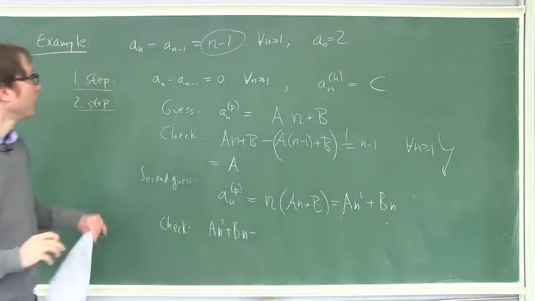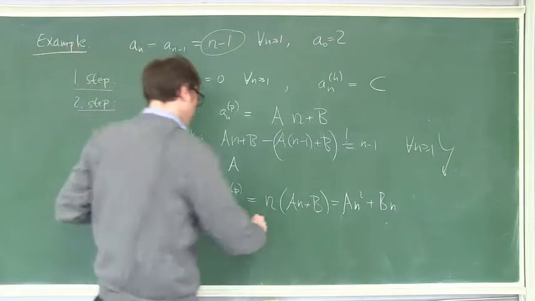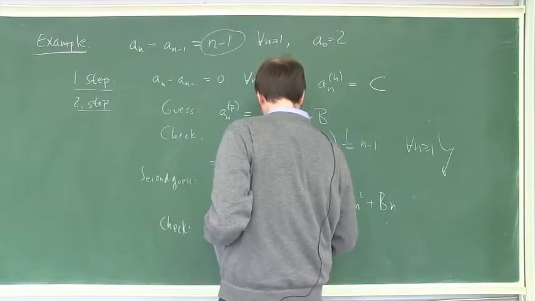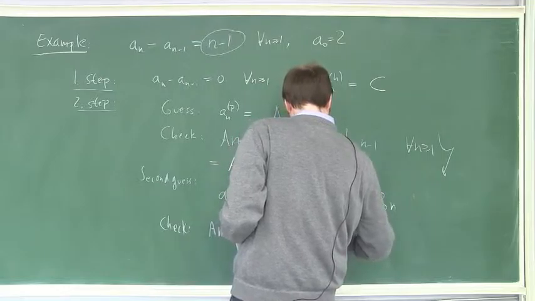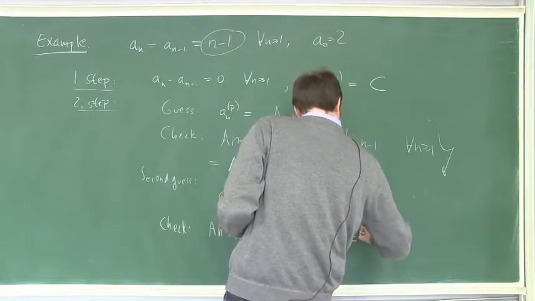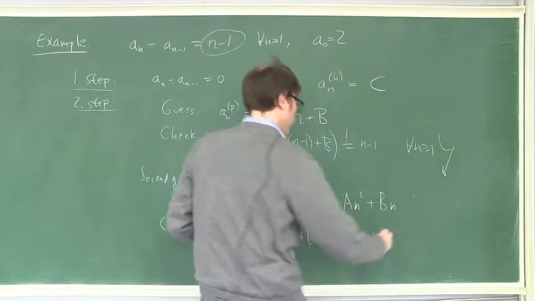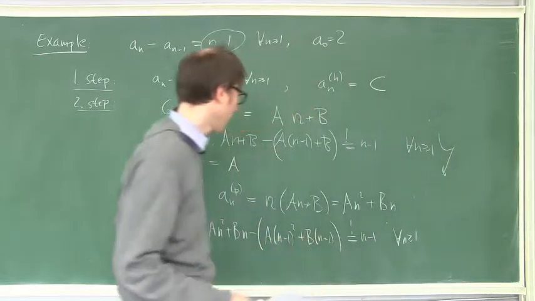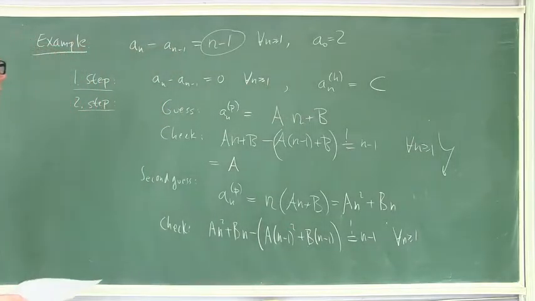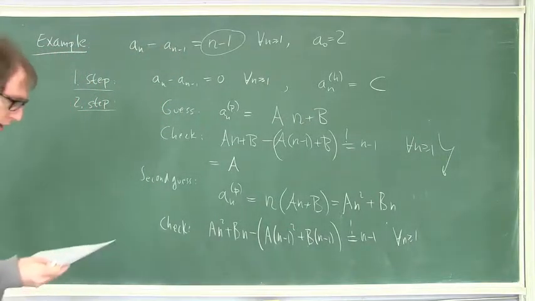A n squared plus bn minus a n minus 1. Now here you have to be really careful not to make any mistakes. So this should be equal to n minus 1, if I didn't make any mistake.